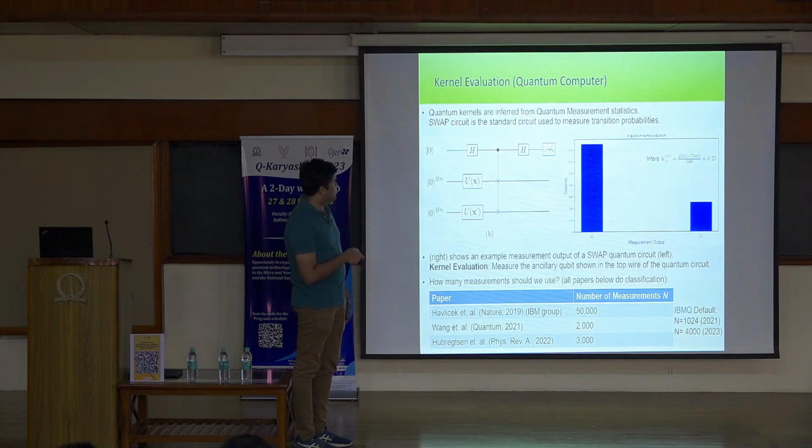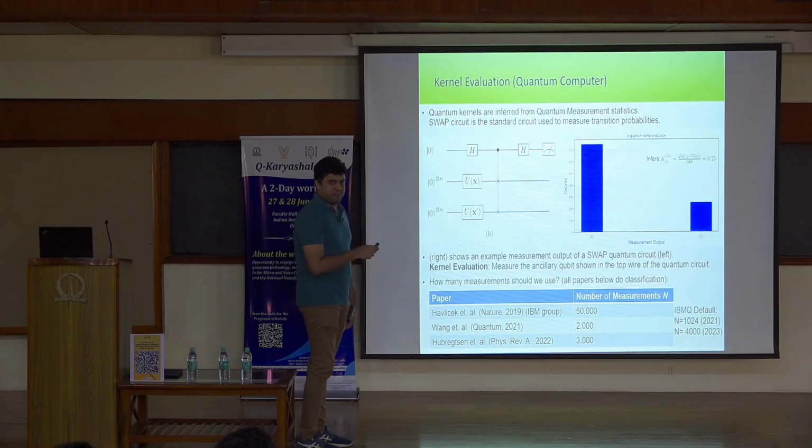So what is the kernel value that I infer? It's the expected value, right? 0.25 I get. But what if I just do one measurement? I'll either get 0 or 1. So a huge error, right? Maybe the true value is not even this. If I run it another 1,000 times, I'll get a totally different output there. So this is a huge problem, and this is a problem that has not been studied carefully in the quantum machine learning literature.